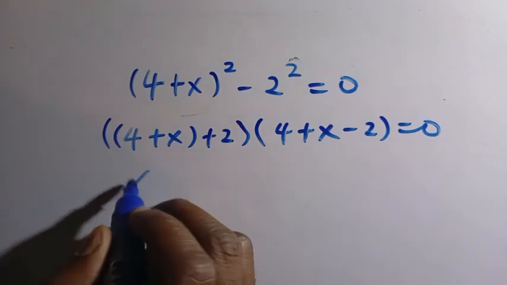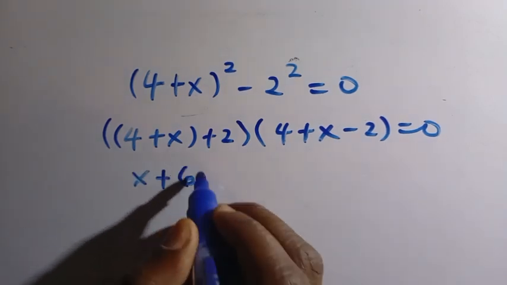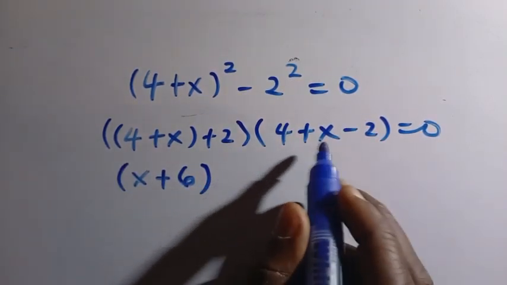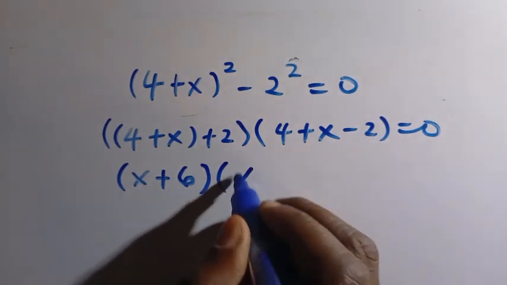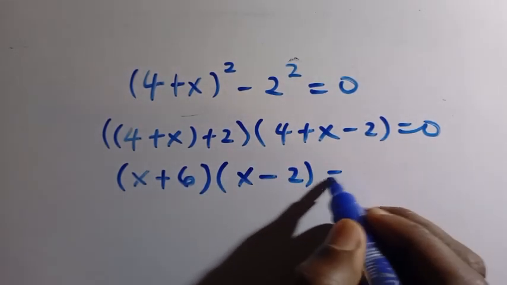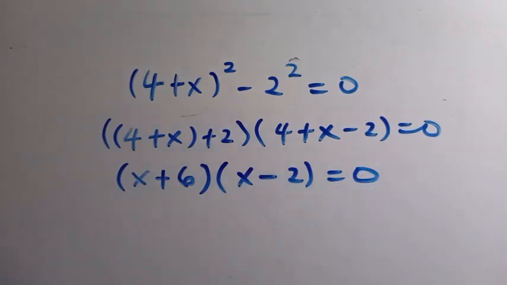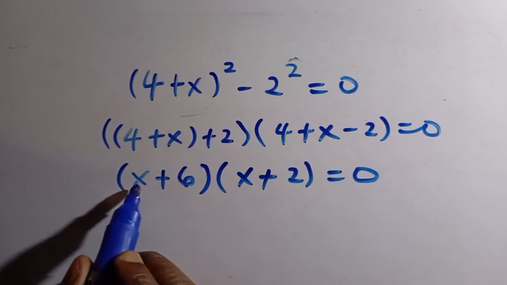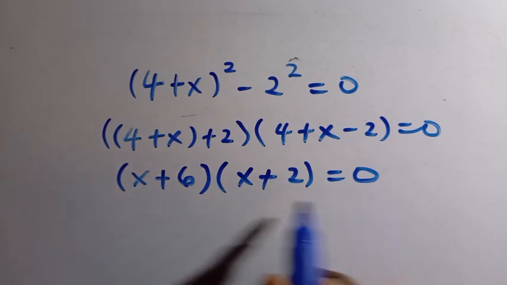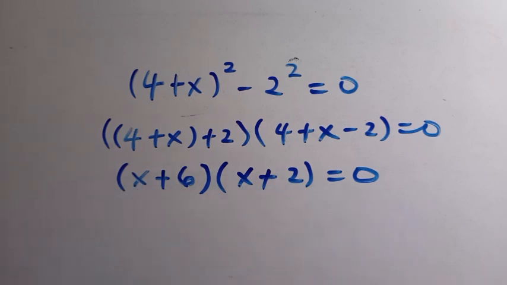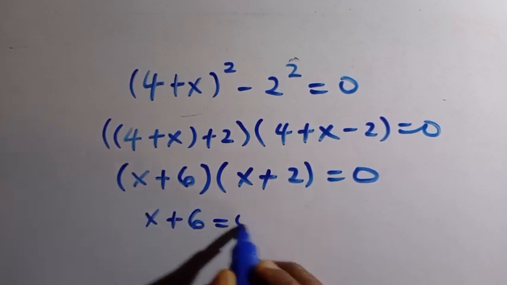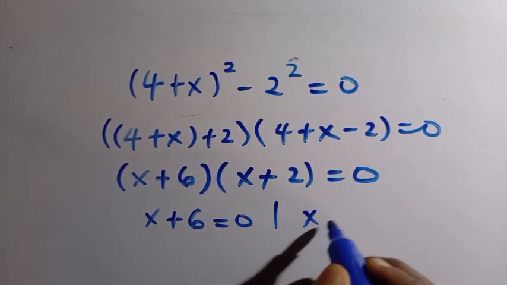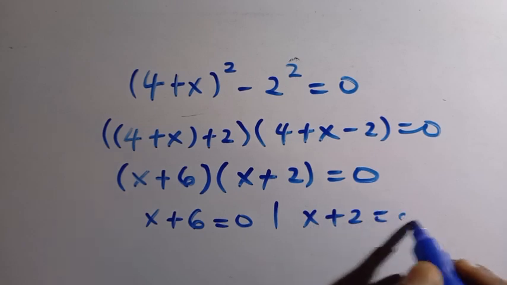And from here, we consider it as x + 6, while this here becomes x + 2 equals 0. Then we let x + 6 = 0, or x + 2 = 0.